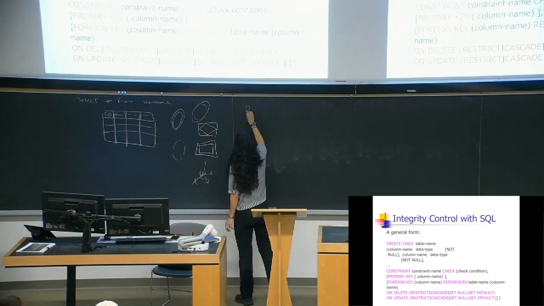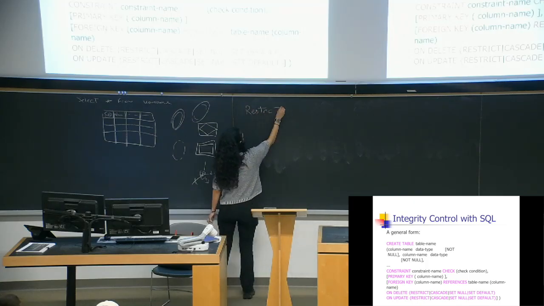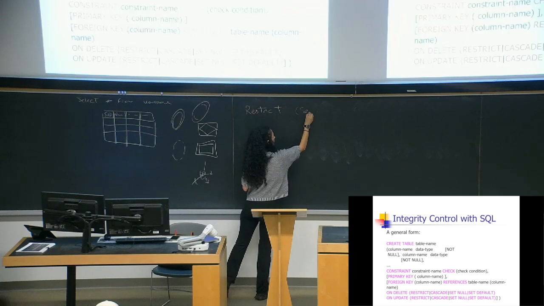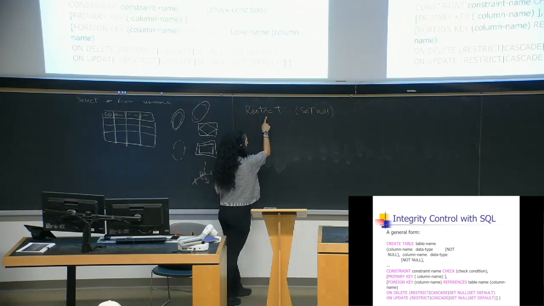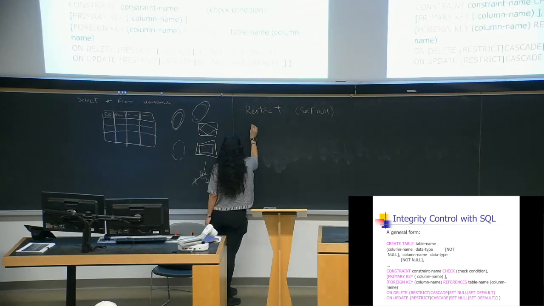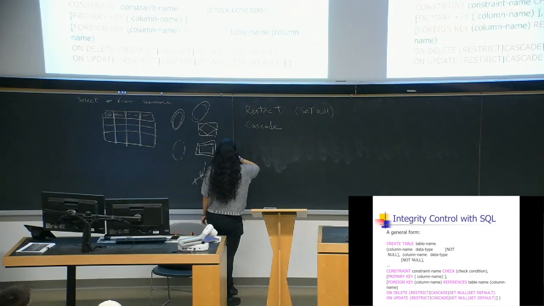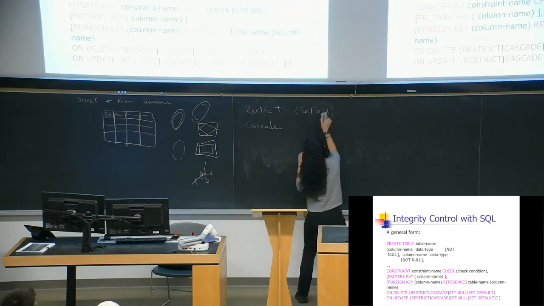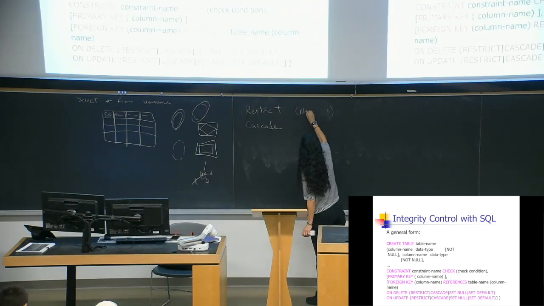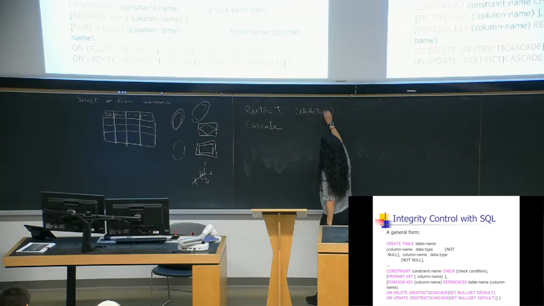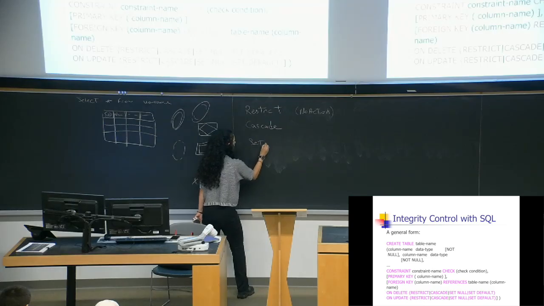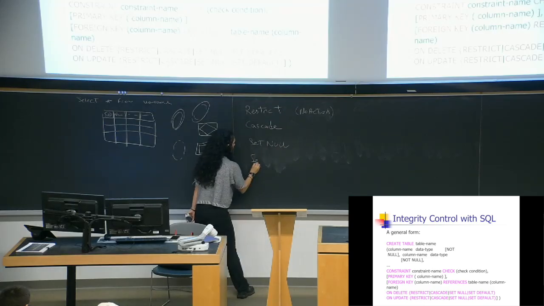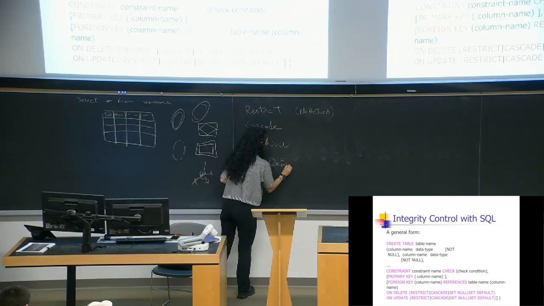So we have restrict or, I think in SQL Server, no action. Sorry, not set null, no action. Restrict or no action, cascade, and then set null and set default. So what do they mean?